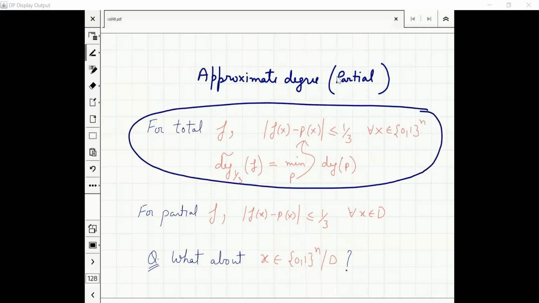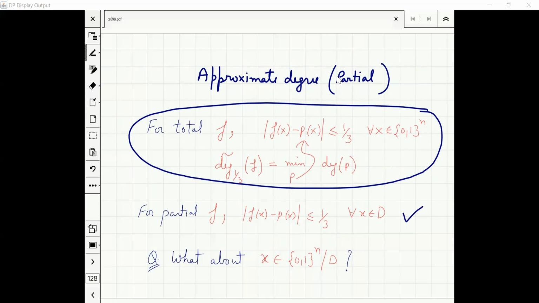And for partial function, one obvious condition would be that |f(x) minus p(x)| is less than or equal to 1/3 for all x element of the domain. Agreed? This is the condition which has to be there, which is clearly an analog of the approximate degree defined for total functions.